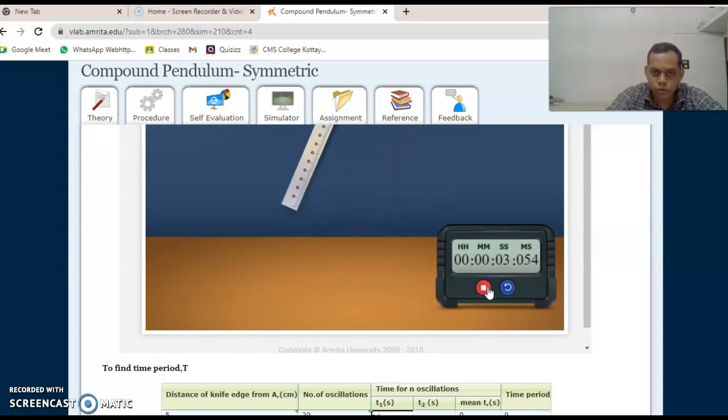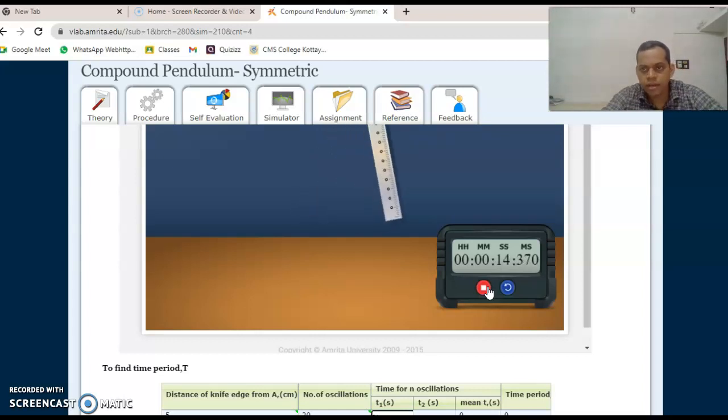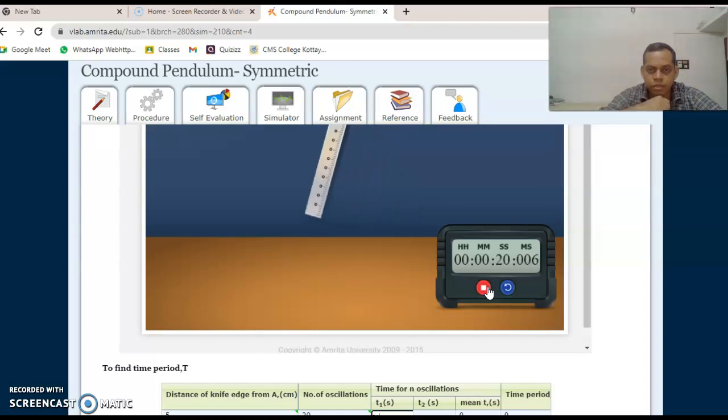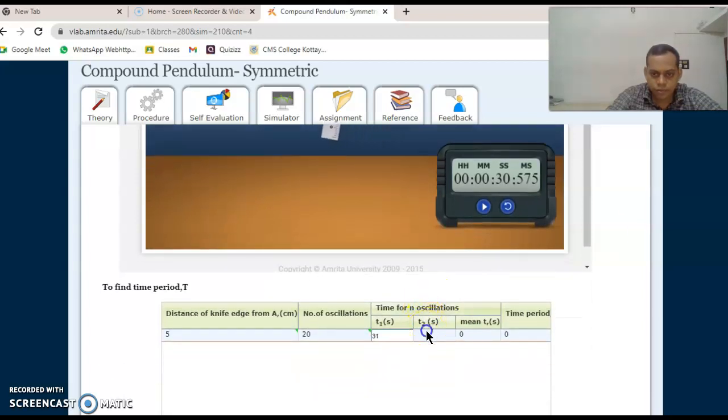One, two, three, up to 20. Okay, so it is almost 31. So let's enter 31 here and we will get a time period of 1.55.